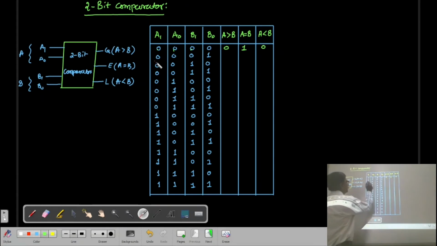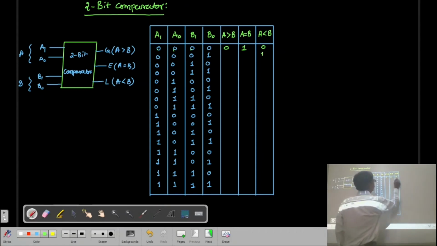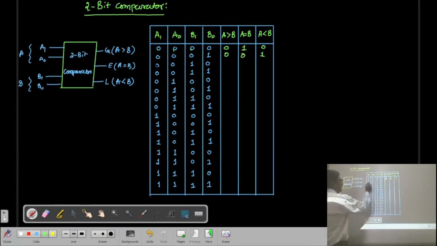Now what is the second combination? A1 A0 is 0 0, B1 B0 is 0 1. So naturally A is less than B, so we have this 1 and these are 0 0. In the second case also, B is 1 0, A is 0 0, so this one is also high and these are 0.